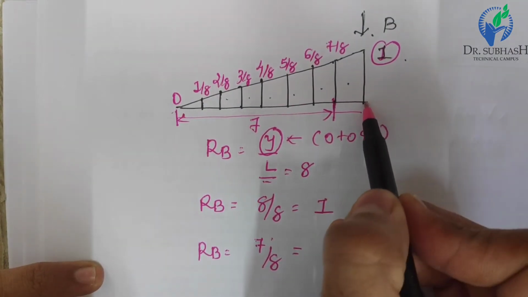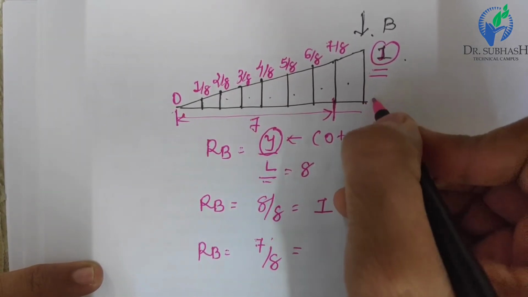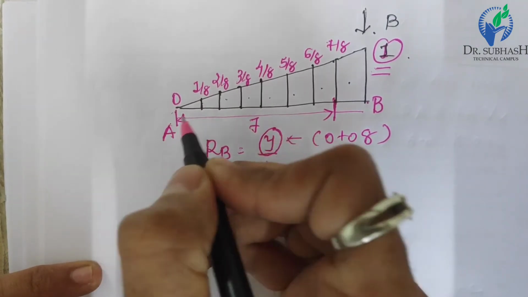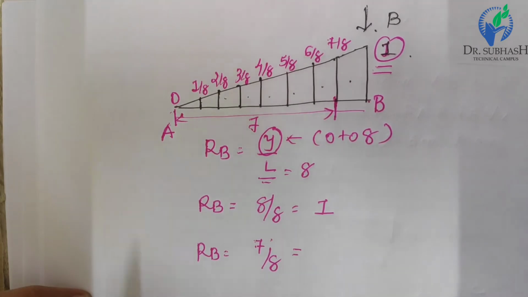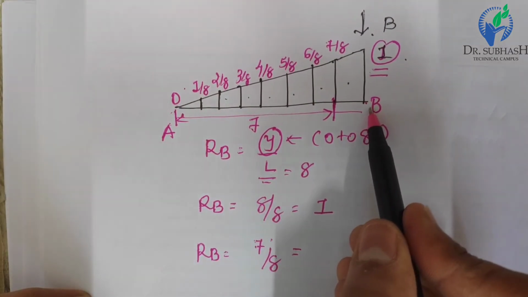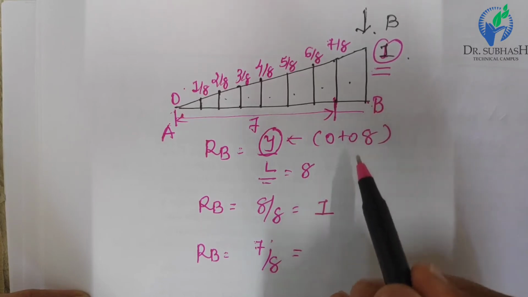When the unit load is applied at B, at that time the maximum reaction is at point B, and the minimum reaction should be at A. While we draw the influence line for RA, the maximum reaction should be found at RA and the minimum reaction at point B. So this is all about the influence line diagram of RA and RB.